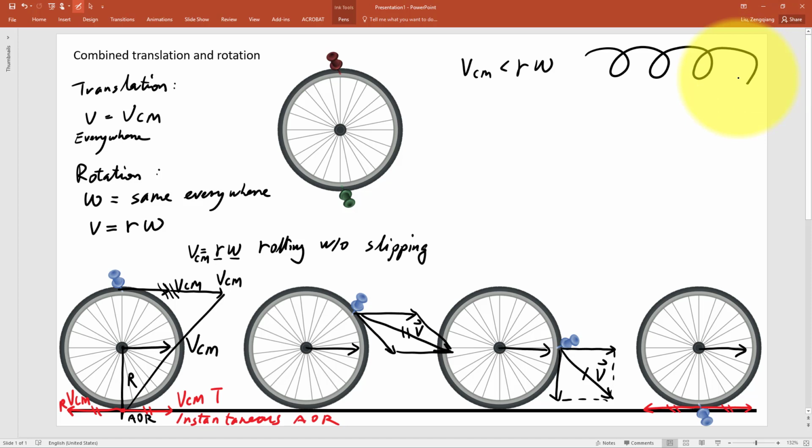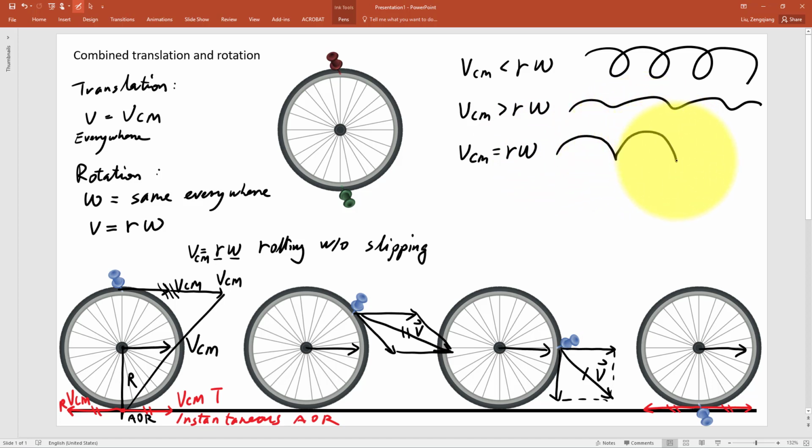It'll do this. And if you're translating faster than you're rotating, that means the bottom is never going to have zero velocity. So you do something like just do this. But if you have center of mass velocity the same as R omega, you'll basically come to a stop, and then go again, come to a stop, and go again, come to a stop.